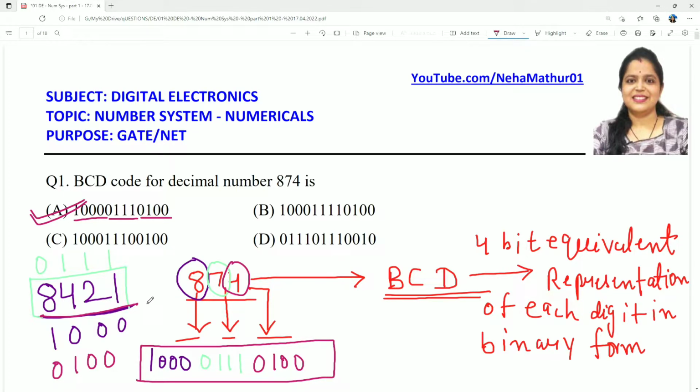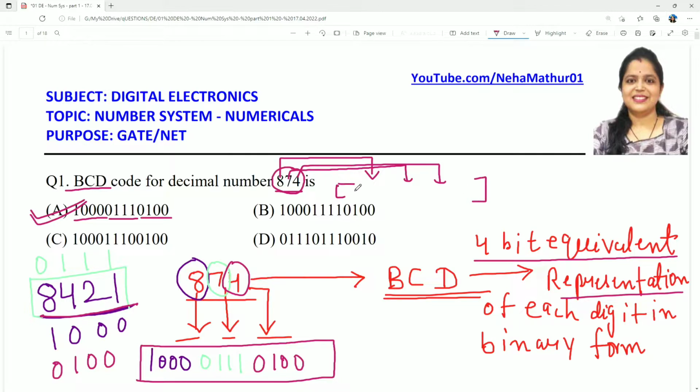I am again repeating that if you want to find the BCD code for any given number, you will have to just find the 4-bit equivalent representation for each digit. Here you have a total of 3 digits, so you will have to find the 4-bit binary representation for 8, 7 and then 4, and just by combining them you can find your answer.